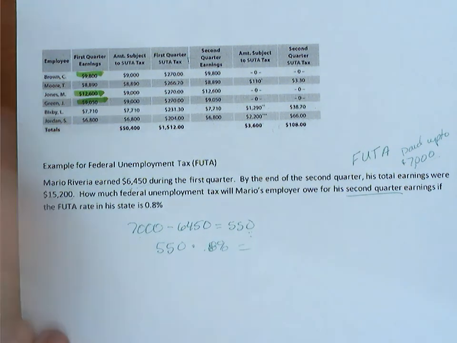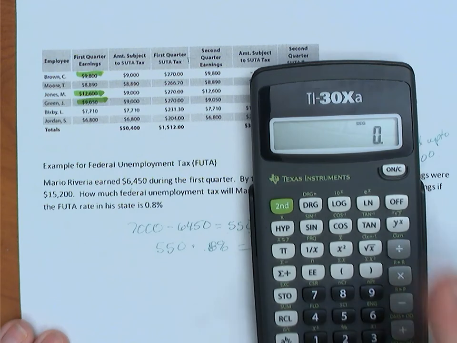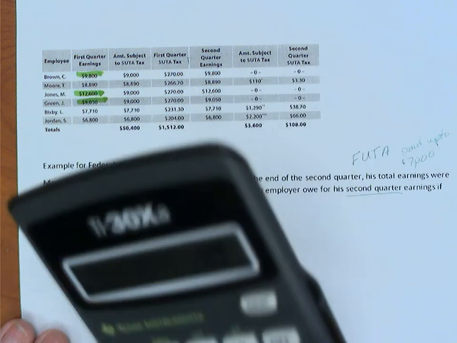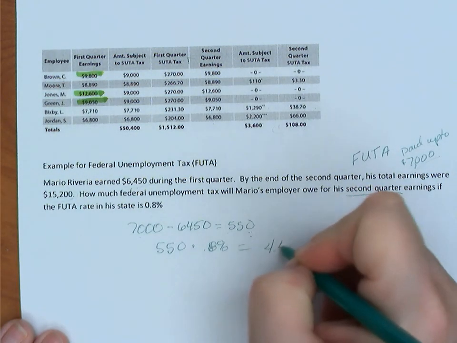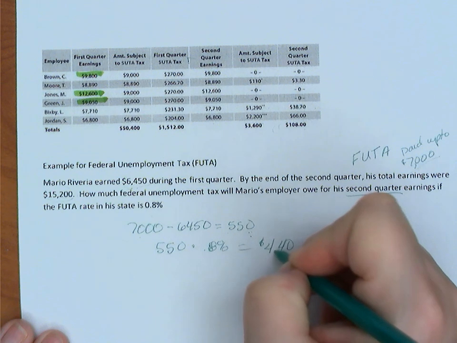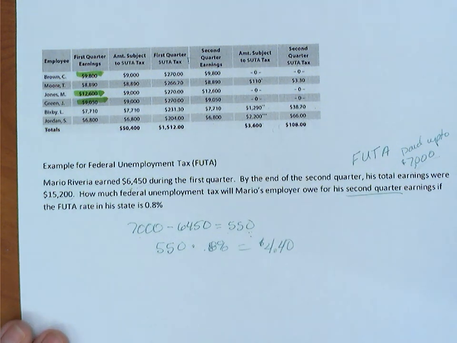And we'll do that in our handy-dandy calculator. So you have the 550 times 0.8%, and it gives you $4.40. So the employer is going to pay $4.40 in federal unemployment tax for Mario for his second quarter of employment. If you have any questions, let me know.